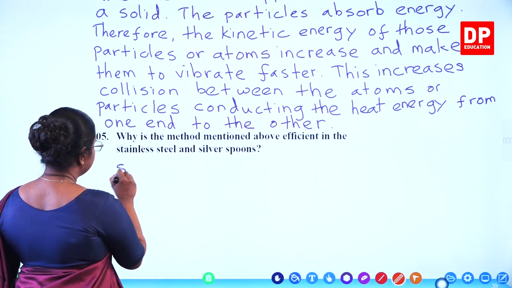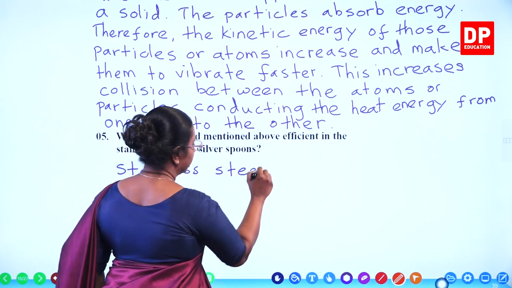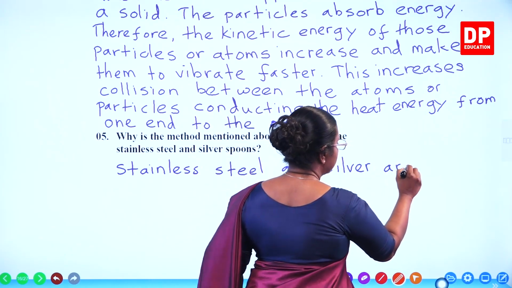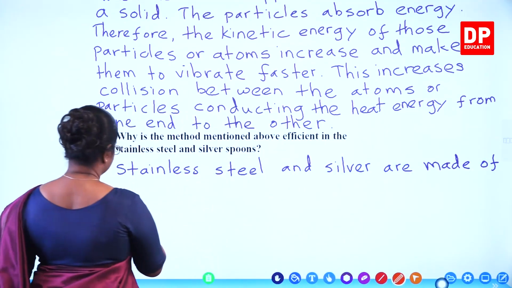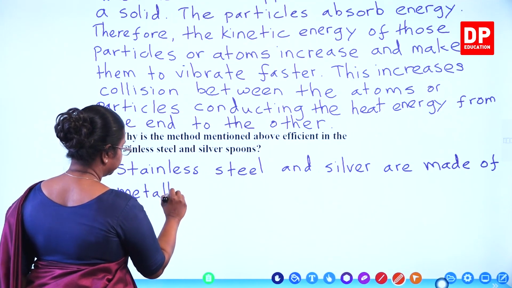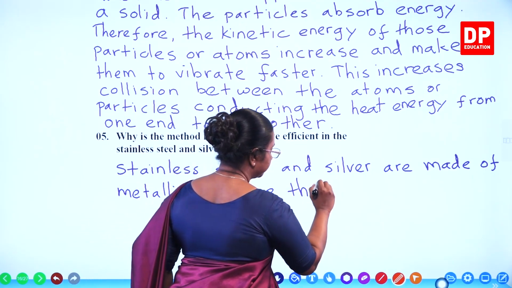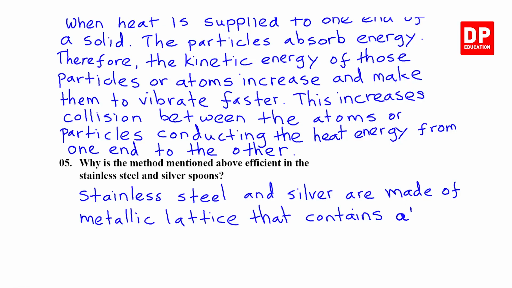So, we can say stainless steel and silver are made of metallic lattice that contains atoms and free electrons.